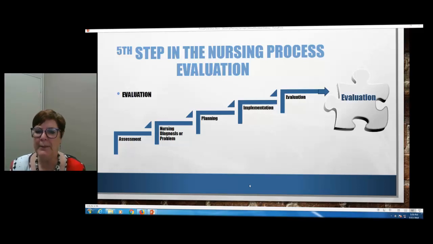We have implemented strategies and interventions to help reduce it, improve it, or whatever we have in our goal. So now we have to evaluate: did what we set out to do really happen? Did those interventions make a difference? So we're going to evaluate the patient.